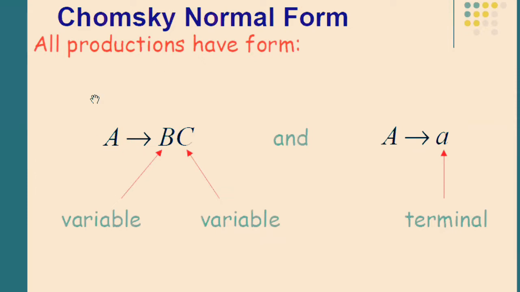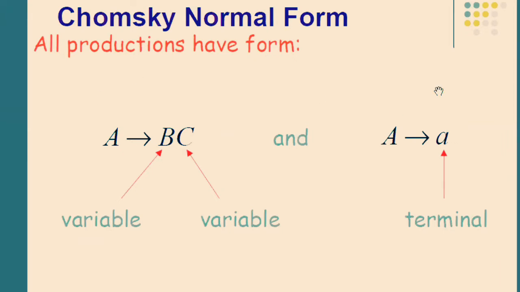So CNF says all the productions should be of the kind A tends to BC, where B is a non-terminal and C is a non-terminal, or both are variables. Or there can be another type of production, that is a non-terminal producing a terminal symbol.